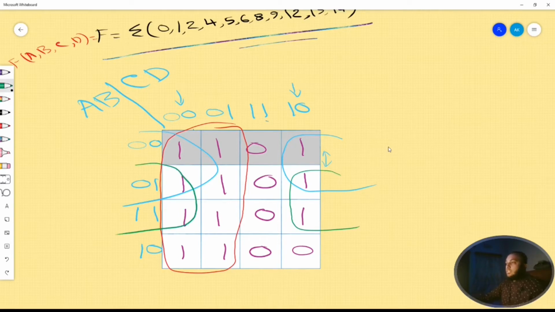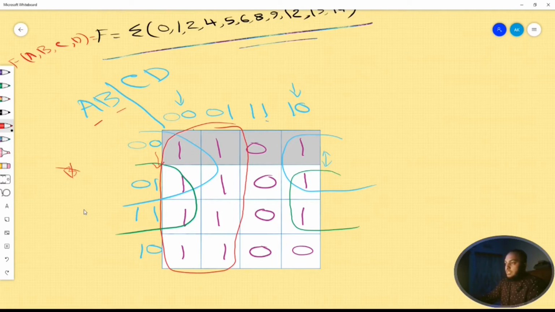So for the red group, I can see the red group covers all the rows. That means A or B will change at least once. From first state to second state, we see that B changes from 0 to 1. So B has changed at least once, so we can't take B for the red group.